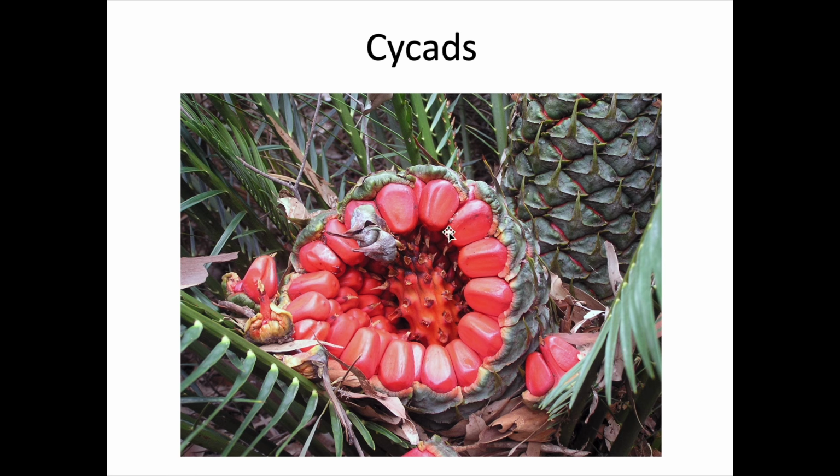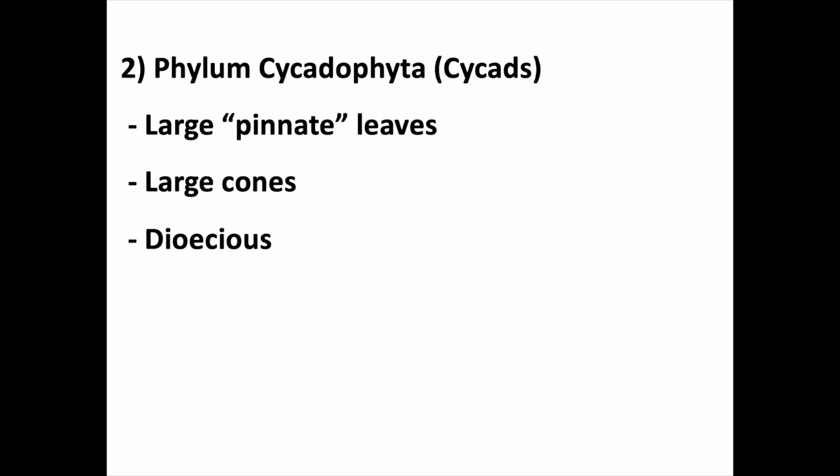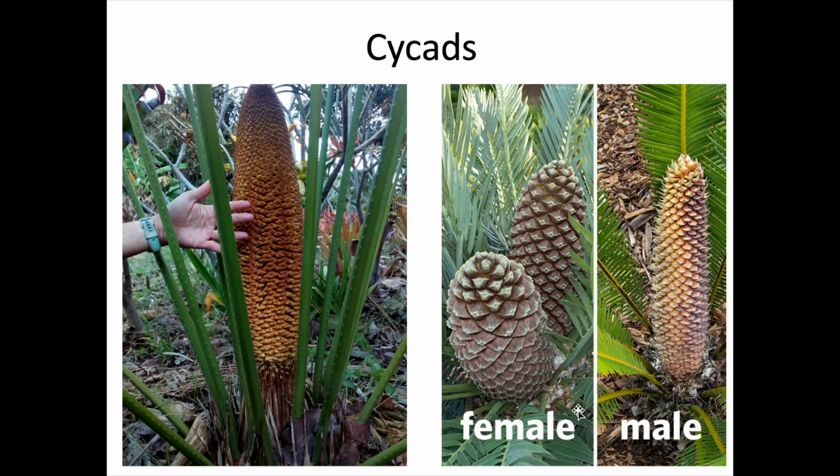Again, there's no ovary or flowers or whatever, but yeah, kind of look like fruit. So in summary, these palm tree looking leaves are called pinnate. They have these large pinnate leaves, large cones, and they're dioecious. Sorry, did I say monoecious a second ago? They're dioecious. That means two types of thing, distinct male and female.